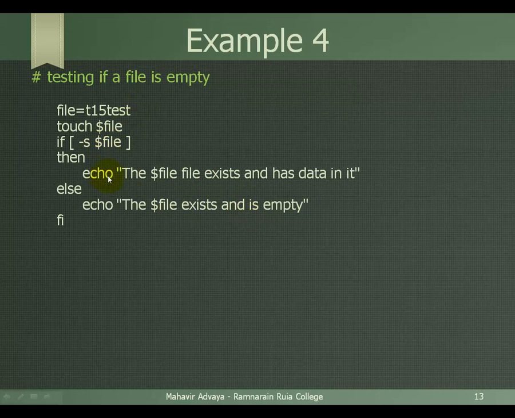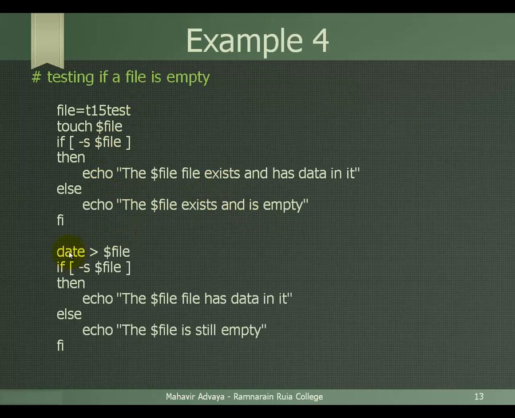The second part of this program is that you add some content into the file at runtime. So date is being redirected into the file, and here it will check again if the file is empty or not. So if the date is saved in the file, then it will display this message, otherwise it will display this message.